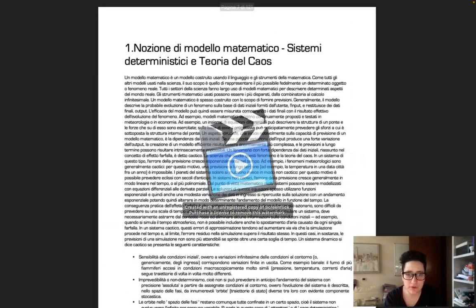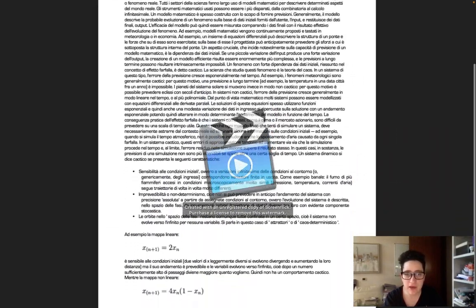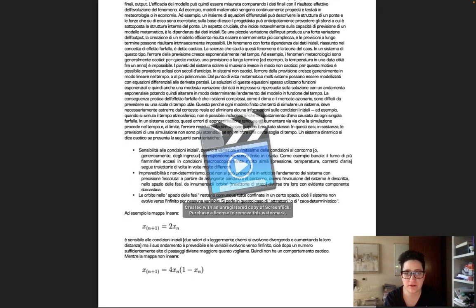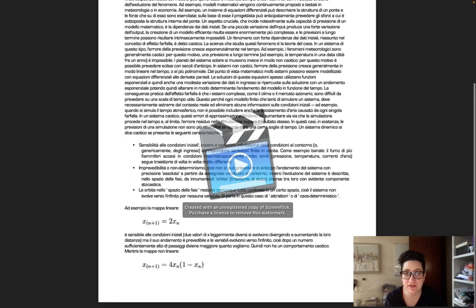So here we discussed the conditions, the characteristics that define a chaotic system, and here is an example through the linear map that is described thus: x_{n+1} = 2x_n.